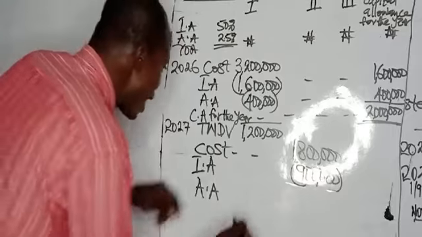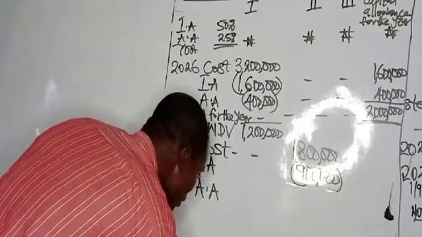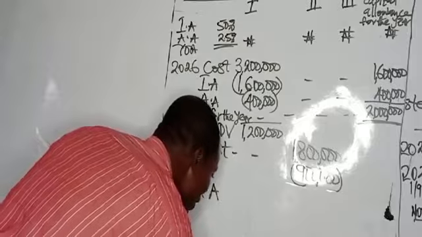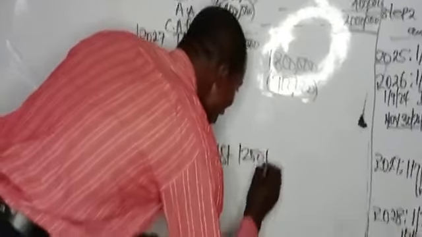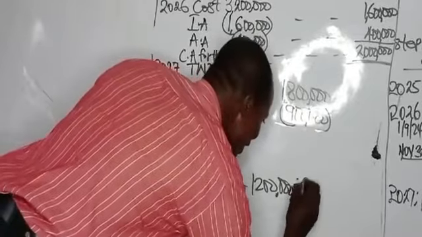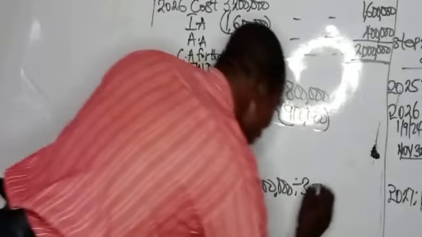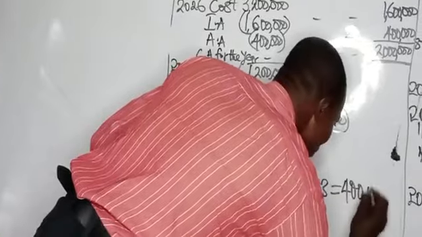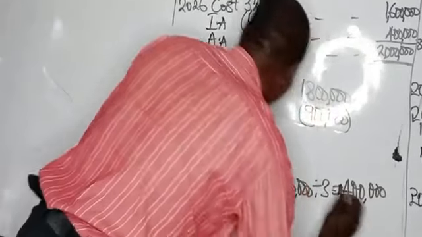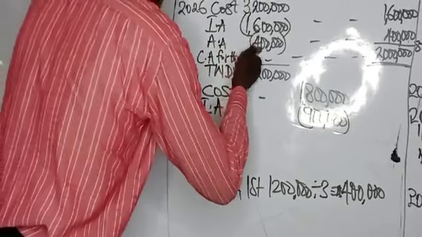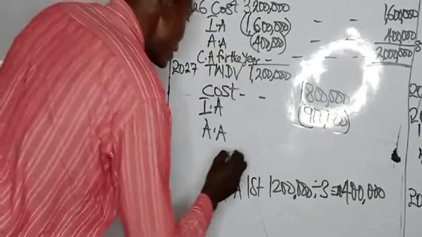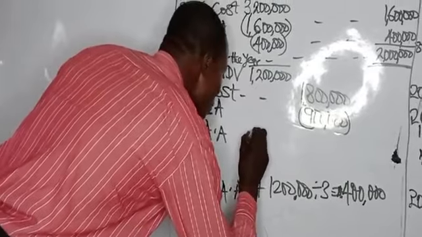Therefore, annual allowance on the 1.2 million, you have 1.2 million, the unexpired life is 3 years, divided by 3. That gives us 400,000, which is the same with what was obtained as annual allowance in 2026 year of assessment.